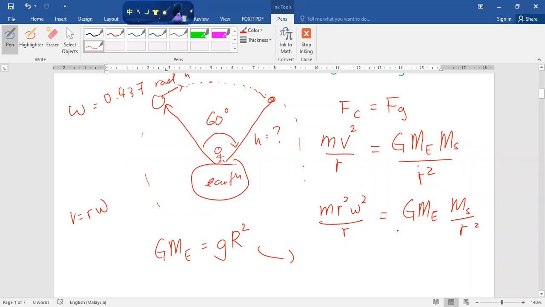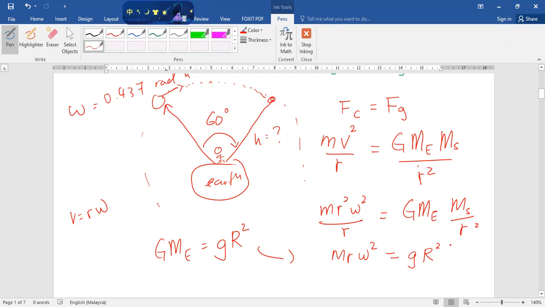So GM_E will be g R squared. From here, m r squared omega squared over r, that means it will be m r omega squared, which will be equal to GM_E, which is g R squared.